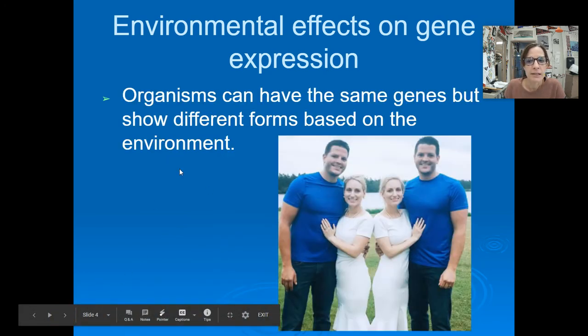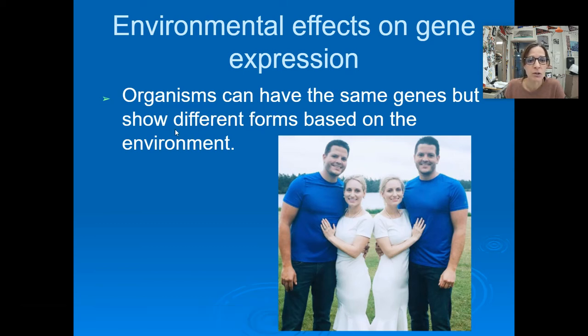And another thing is that organisms can have the same genes but show different forms based on the environment. So a good example of this is if you look at identical twins when they're older, right? They look slightly different, and as they age, they look more and more different because they're in different environments.